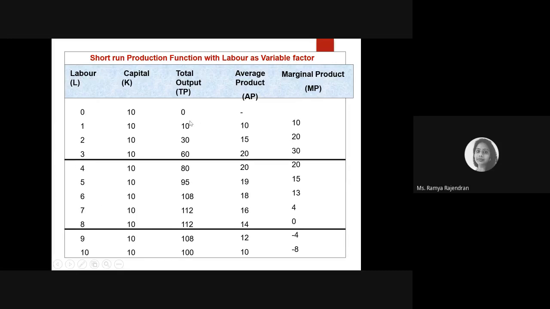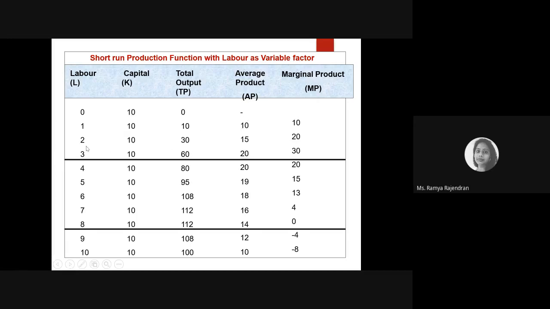At zero we can't compute average product because there is no production, as no people are employed. For 10 products, I employed one person, so it's 10 divided by 1, which is 10.